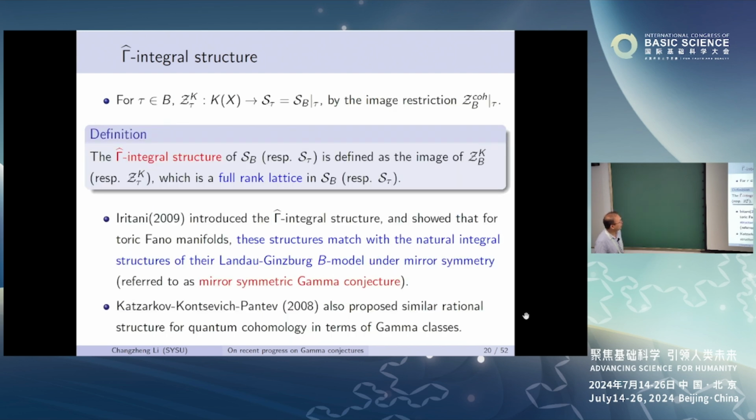And also, you can see a global family in tau, but you consider the fiber, roughly speaking, at tau. So the gamma integral structure at tau is just like this. Okay. So this is a lattice, a full rank lattice in this space somehow. The lattice is discrete in the vector space.